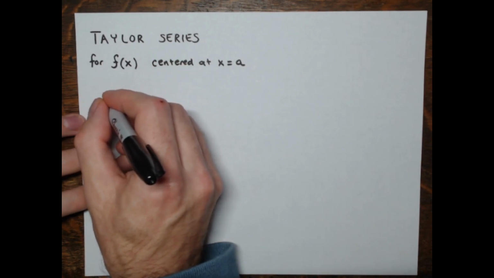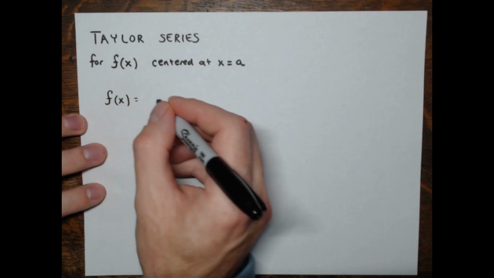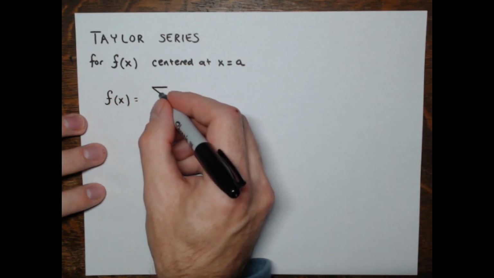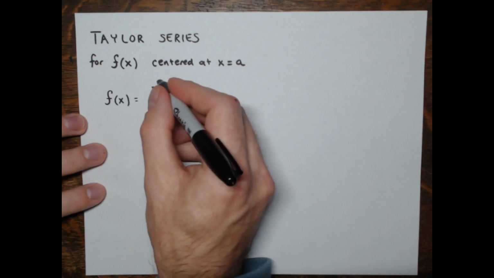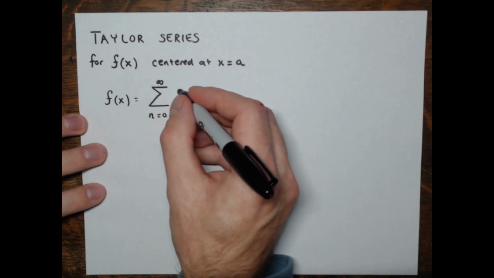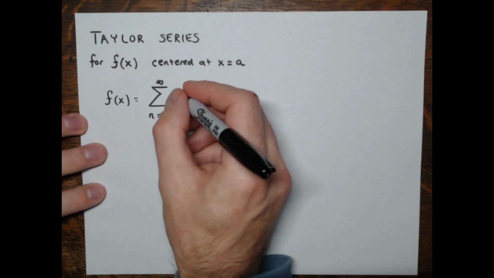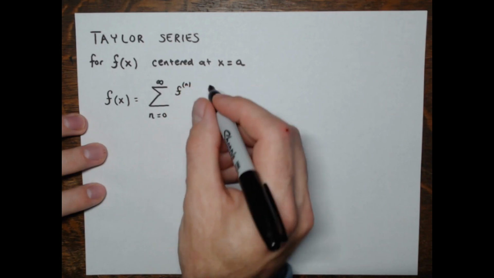We had f of x equals the sum from n equals 0 to infinity, and then the coefficients of this Taylor polynomial, the power series, were f with a little n above it in parentheses.